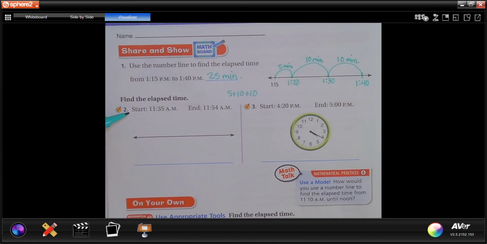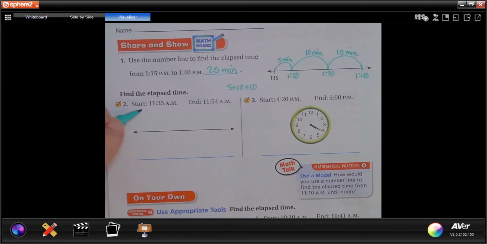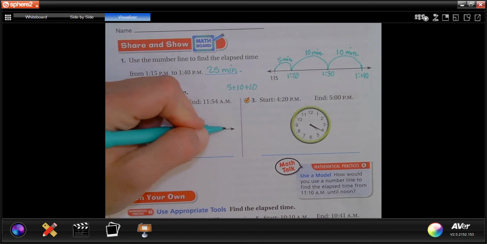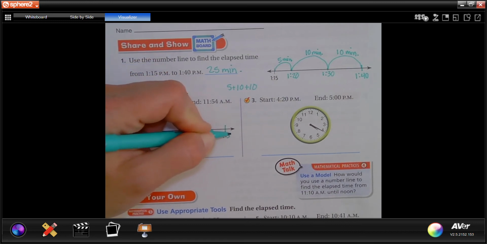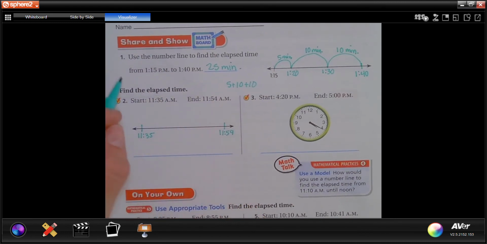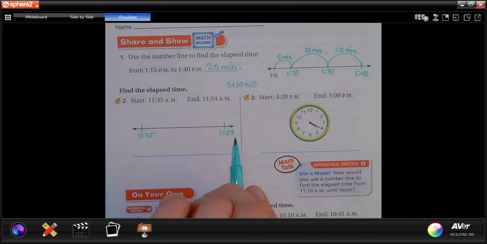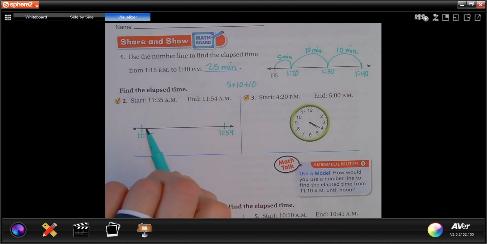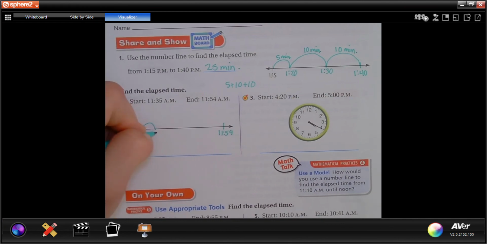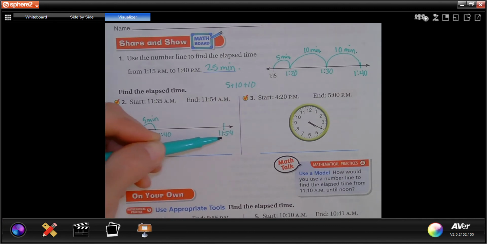All right. Find the elapsed time. Number 2. Start at 11:35 a.m. and we're going to end at 11:54. Okay. Let's see. So we started at 11:35, so we're going to do 5 minutes to 11:40. Then we want to go 10 minutes can get us to 11:50.